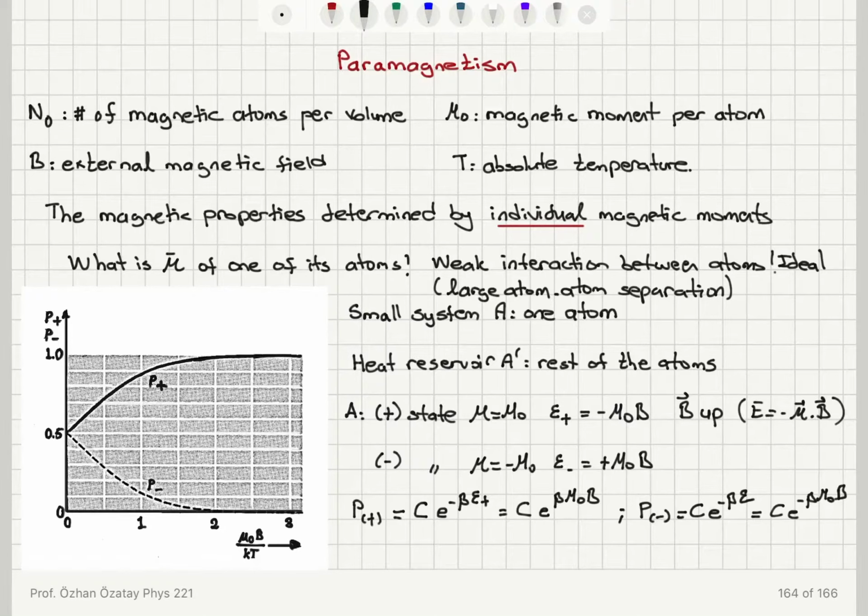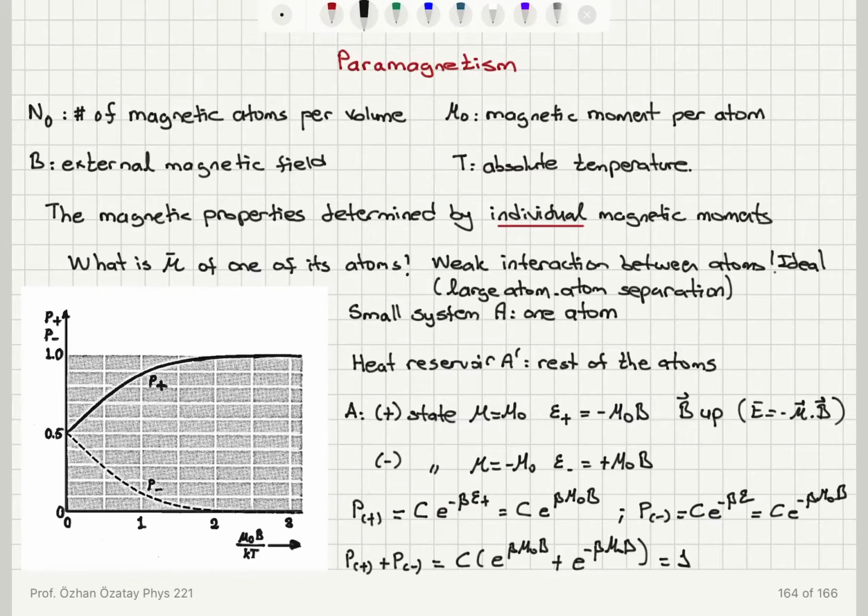And furthermore, I need to have the normalization of these probabilities. So p plus plus p minus has to be equal to c times e to the beta mu 0 B plus e to the minus beta mu 0 B, equal to 1.